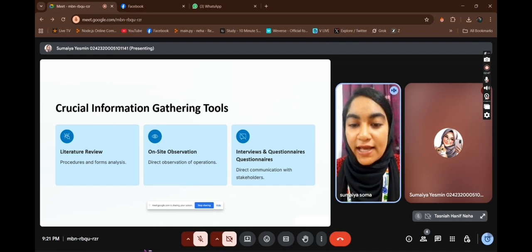Through this, we can gather first-hand insights, opinions, and feedback, which helps us better understand real needs and challenges. Together, these three methods, literature review, on-site observation, and stakeholder communication, form a complete and reliable approach to information gathering.